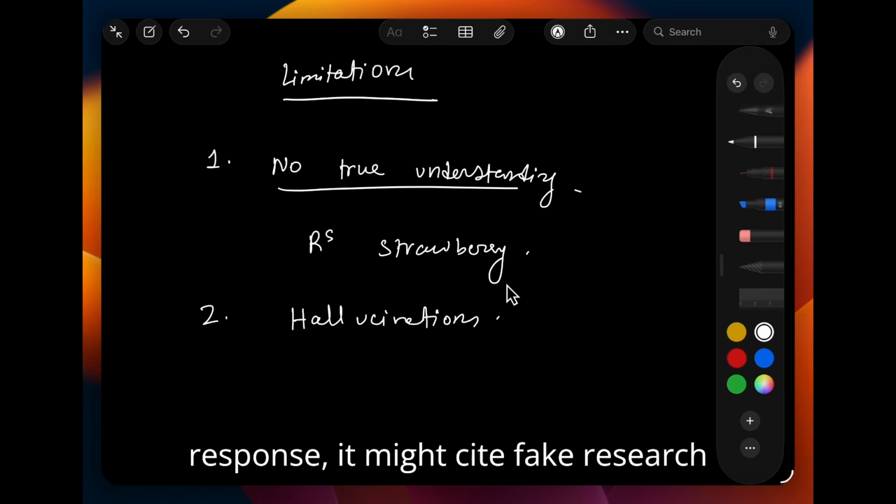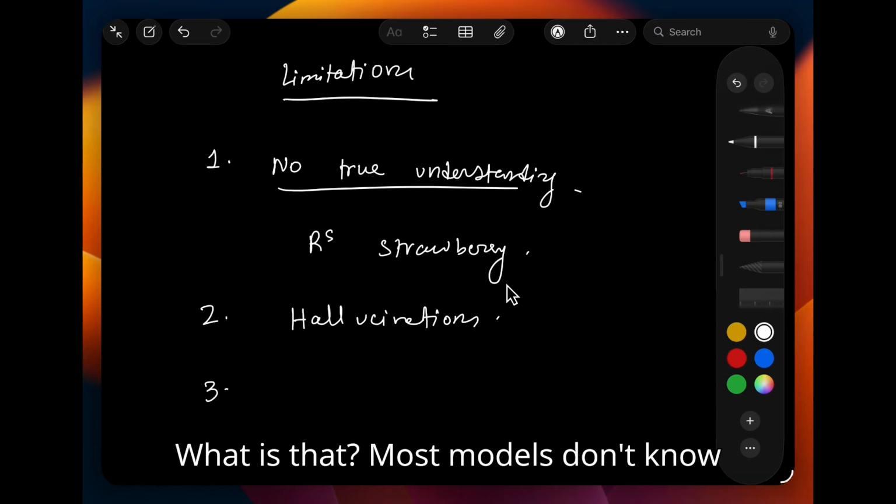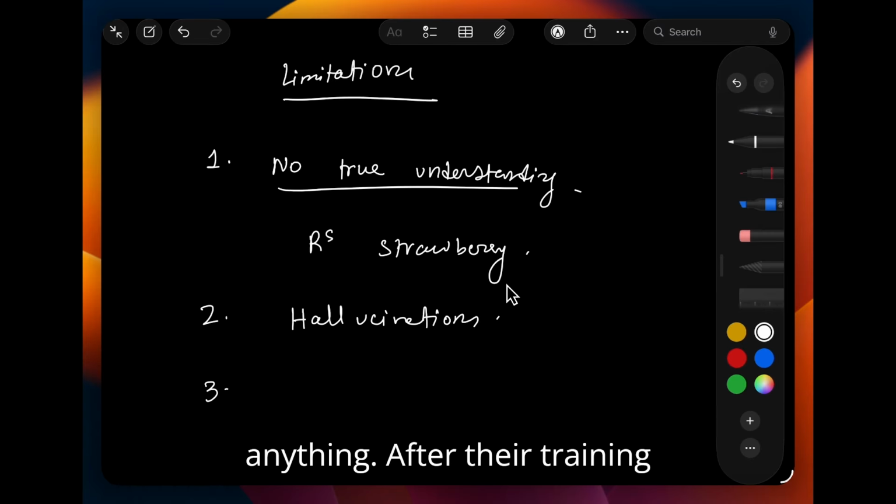It might cite a fake research paper that sounds right. And the third is training data cutoff. Most models don't know anything after their training date. They are frozen in time unless they have some web access.